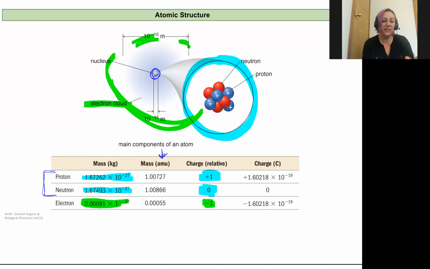But that difference between the mass of the electron and the proton or the neutron really becomes a rounding error when we're talking about reporting the mass of something on a larger scale, like the mass of lots of atoms of something. And so we say that the mass of that electron is negligible. Like it's there, it exists, but in all of our calculations, it's not going to have a meaningful impact on what we're using the mass of this particle for.